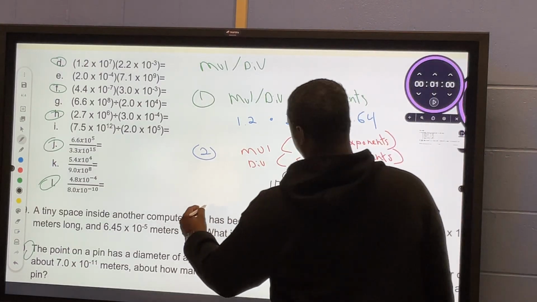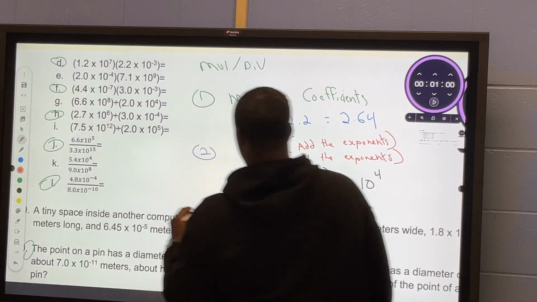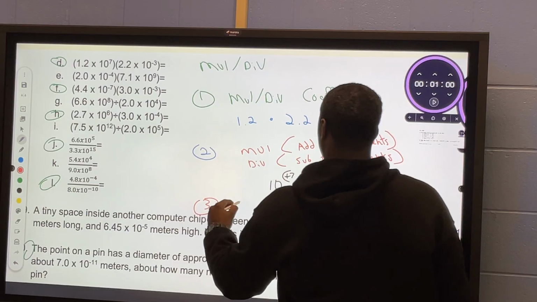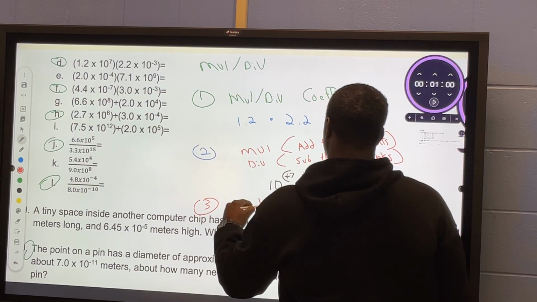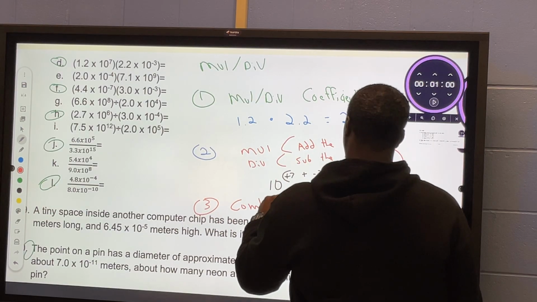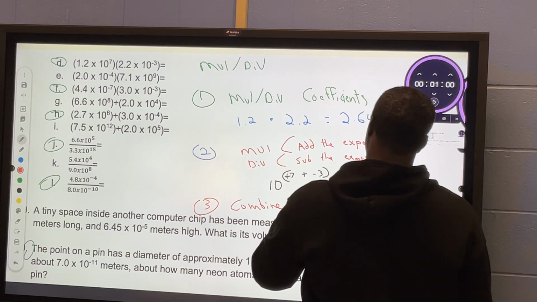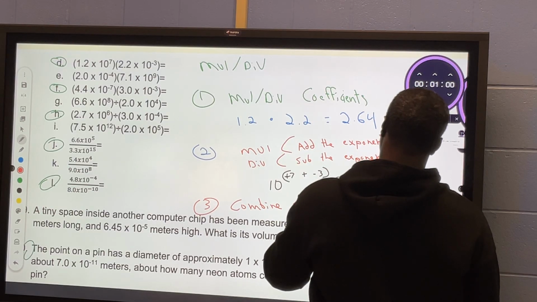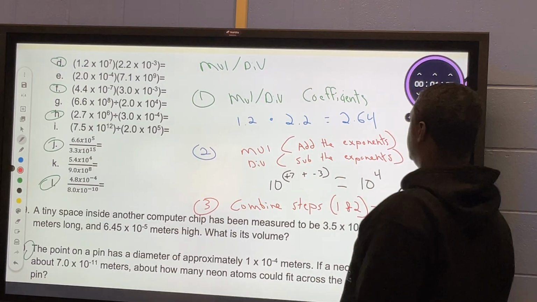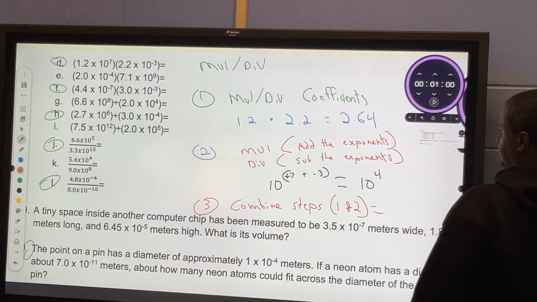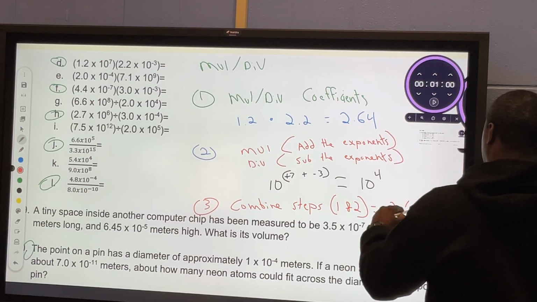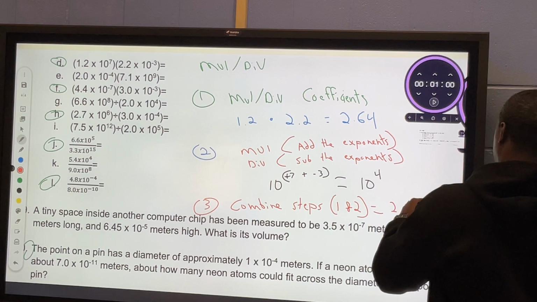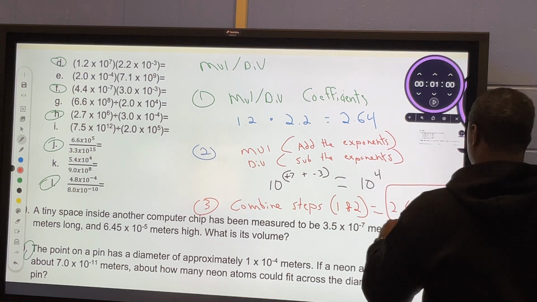Third step: combine steps 1 and 2. So how do I write that in scientific notation? 2.64 times 10 to the 4. Final answer.